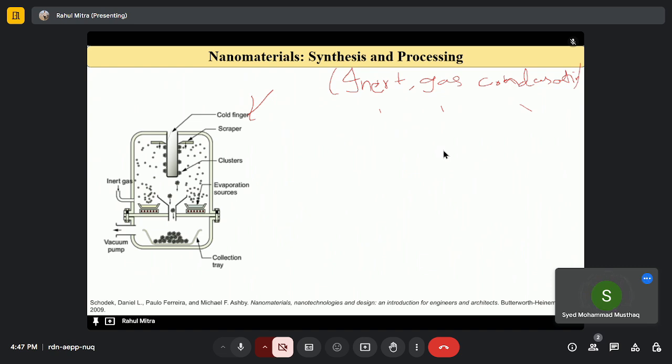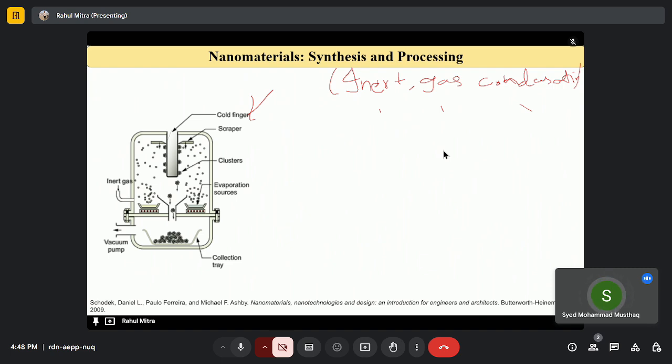We define two condensed systems: one is liquid, another is solid. And gas is a non-condensed state because solids and liquids have comparable molar volumes. If I take the molar volume of some solid and the molar volume of some gas, there is a drastic change, a big difference between the values.